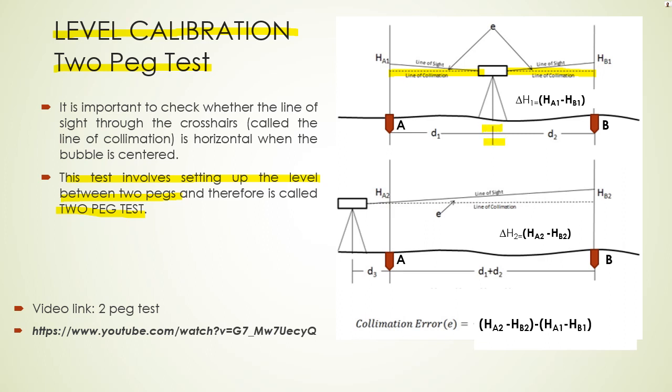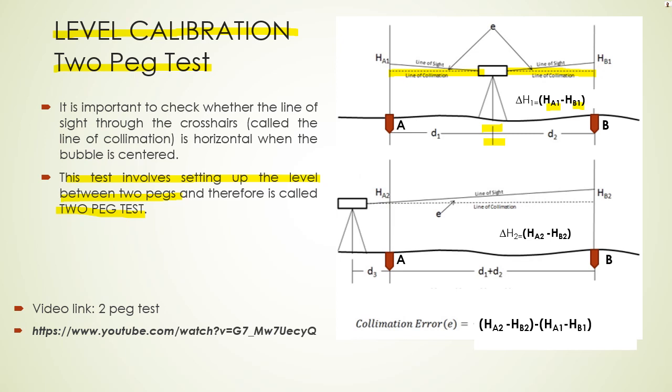The instrument is in the middle of point A and point B. We take the reading at point A and then turn the telescope to take another reading at point B. Then the height difference between point A and point B equals the reading at point A, HA1, minus HB1. That is step number 1.